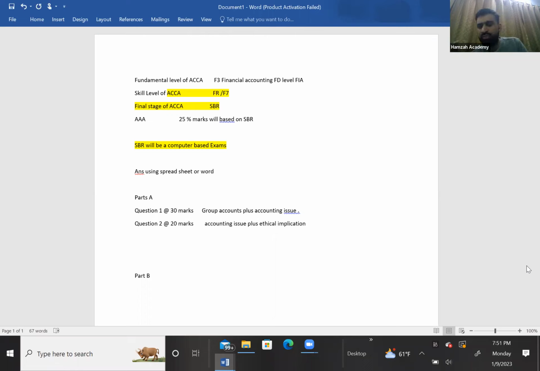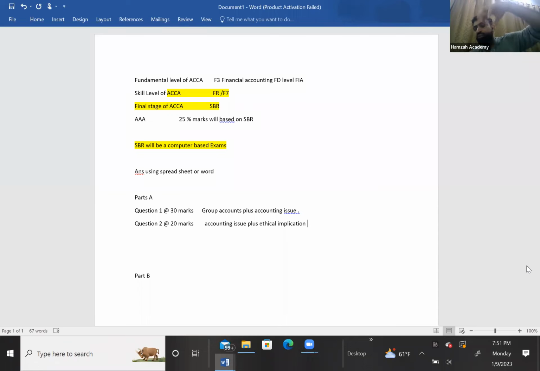Because it will be a combo of accounting issue and ethical issue. For example, there will be an accounting issue that the manager has been forced, is intimidated by the CFO, that a specific provision should be made, despite knowing that the creation of the provision in the financial statements would violate the IAS 37 rules and guidance relating to provision recognition, but just to ensure their personal interest or personal benefits, the CFO is intimidating the manager to record a provision.